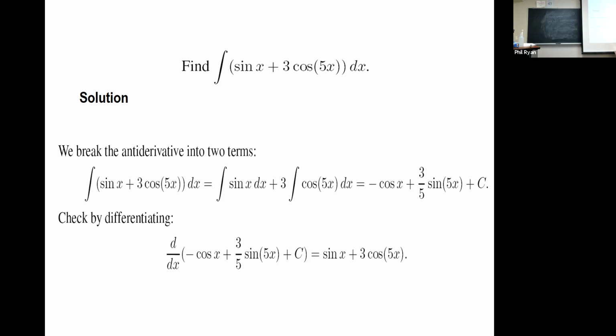So the 5 times the 3/5 gives you the 3, and the sine gets turned into the cosine. And then when you differentiate the plus c, that goes away. So we double checked, and so we know we've got the right answer.